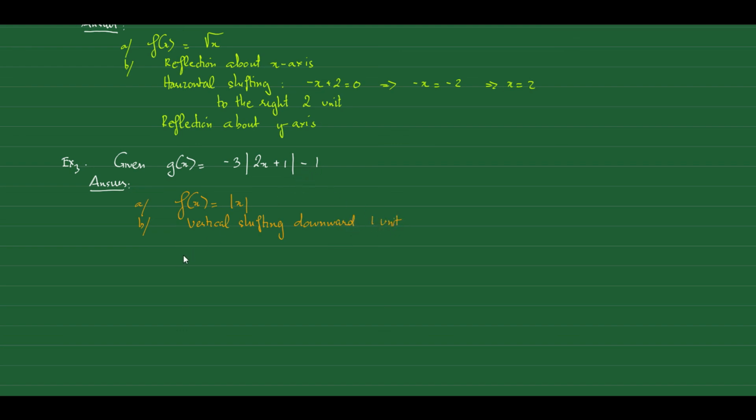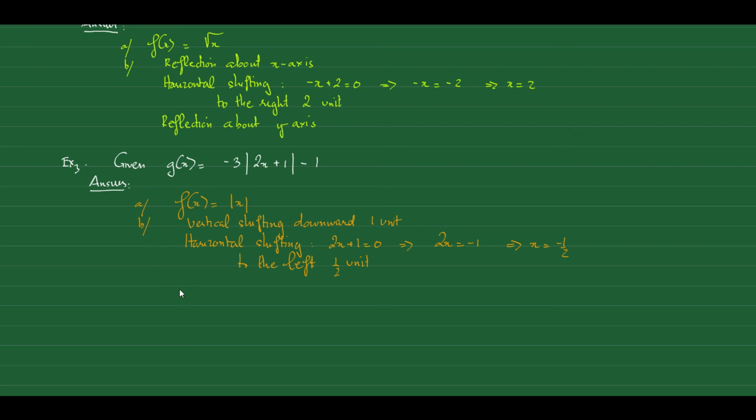We have horizontal shifting, but we don't know if it is left or right. If it is positive, we go right. If it is negative, it is left. So we have to solve for this. We have 2x equals negative 1, x equals negative 1/2. So it's horizontal shifting to the left 1/2 unit.